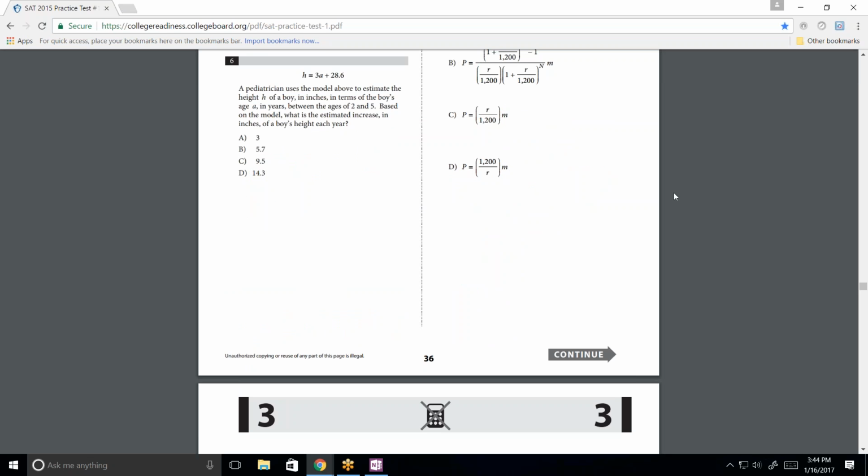Number 6. A. Yeah. Notice what they're asking for is slope. The rate of change.